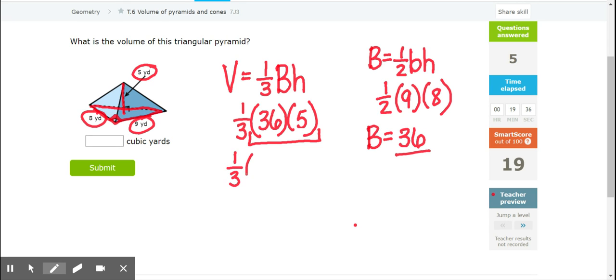So I'm going to multiply 180 by 1/3, which is the same thing as dividing by 3. So in my calculator, I typed 180 divided by 3, and I got 60. So the volume of that pyramid is going to be 60 cubic yards.